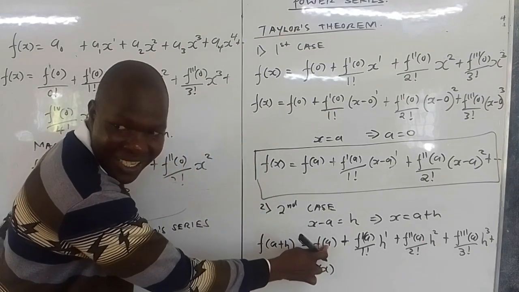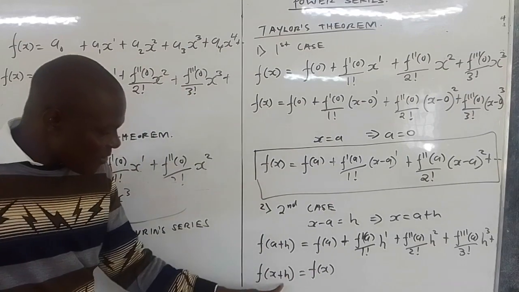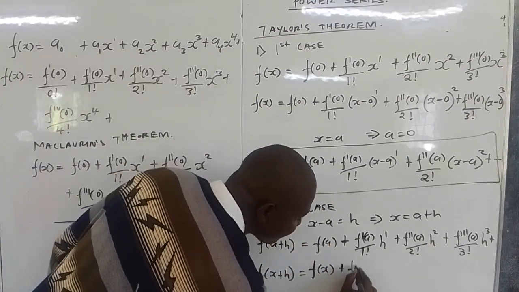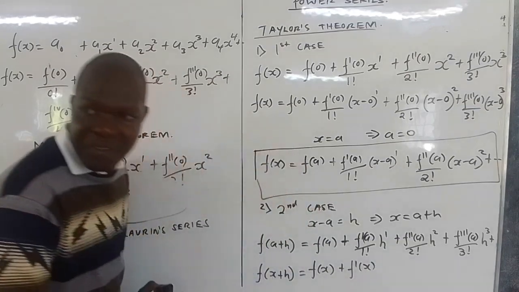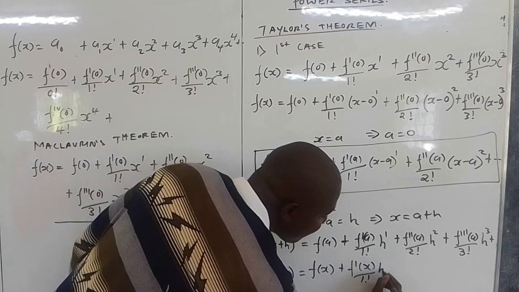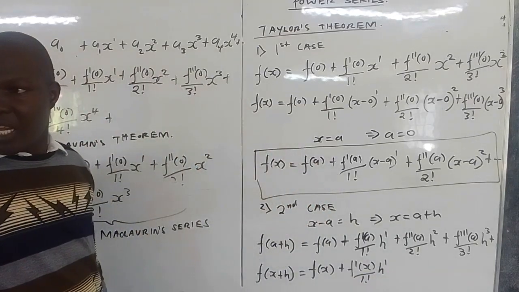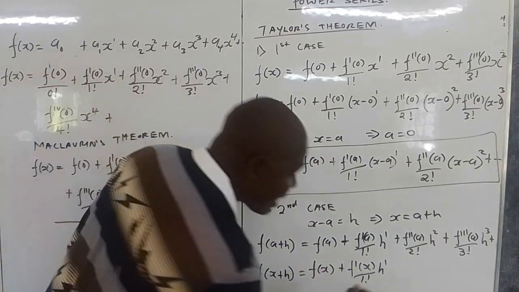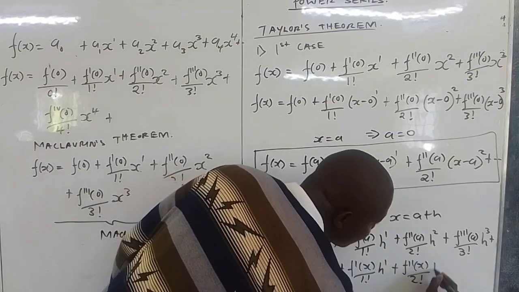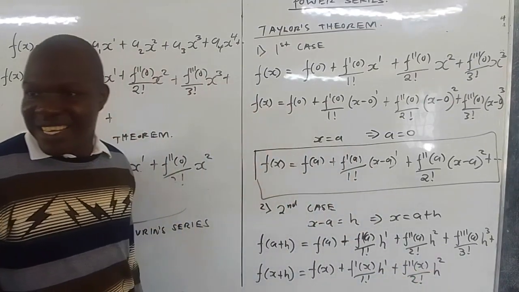So it means f of x plus h is going to be what? Anywhere you see a, you put x. So f of x plus h is f of x plus f prime of x over 1 factorial, then h is raised to power 1, isn't it? Then it is plus f double prime of x over 2 factorial, then h is squared, isn't it?